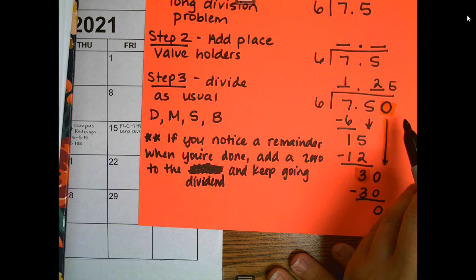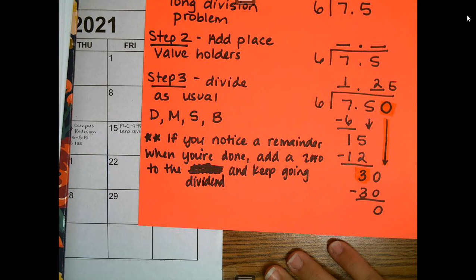The 7 5/10 now becomes 7 50/100, and then you just keep going.